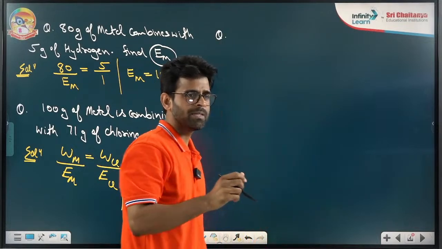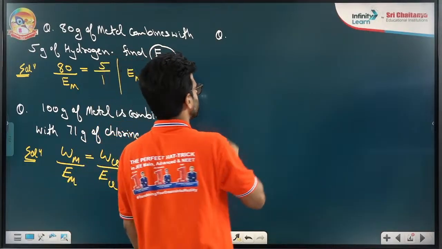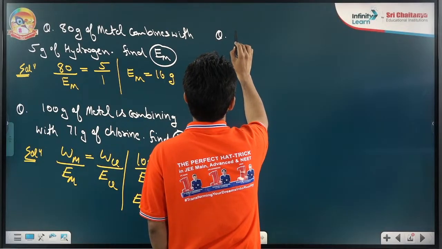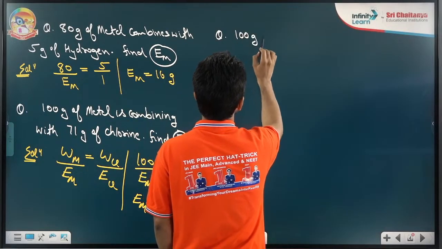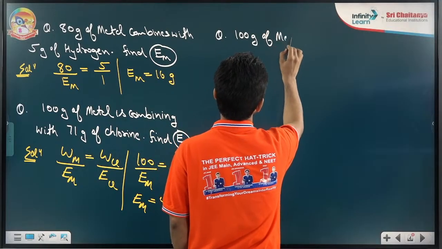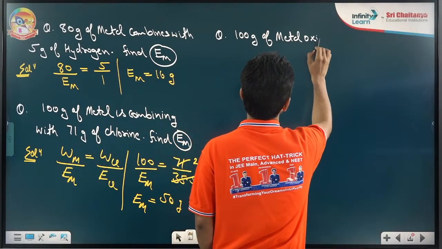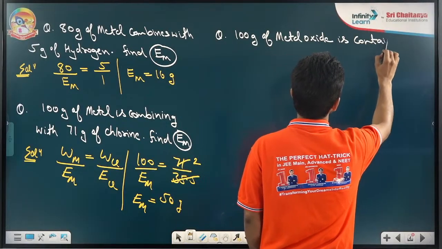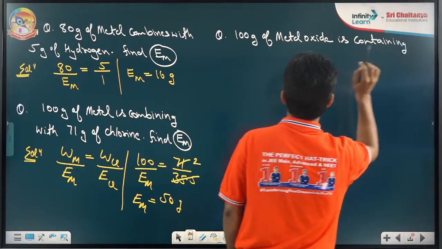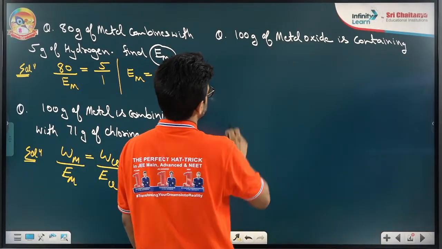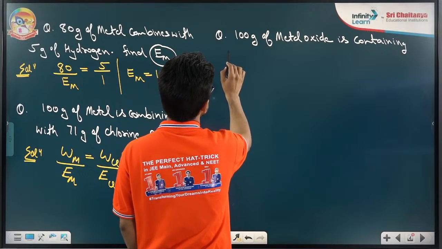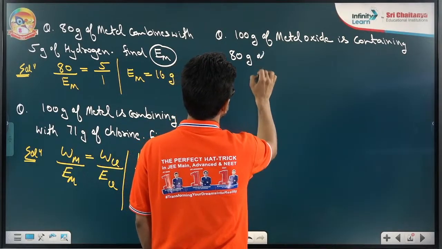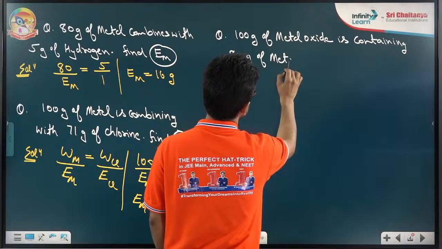This time, be a little careful. Carefully give the answer. Imagine, I'm saying here 100 gram of metal oxide is containing 80 gram of metal. 100 gram of metal oxide contains 80 gram of metal.